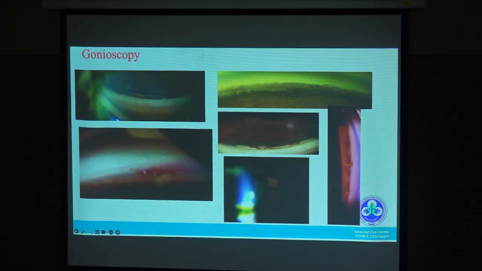Here you can see blood in Schlemm's canal, and also neovascularization of the angle, suggestive of neovascular glaucoma. Here you can see a wide ciliary body band with some scarring and a slit-like opening, suggestive of cyclodialysis cleft post-trauma, and there is angle recession with this wide ciliary band. And this is of course peripheral anterior synechiae.